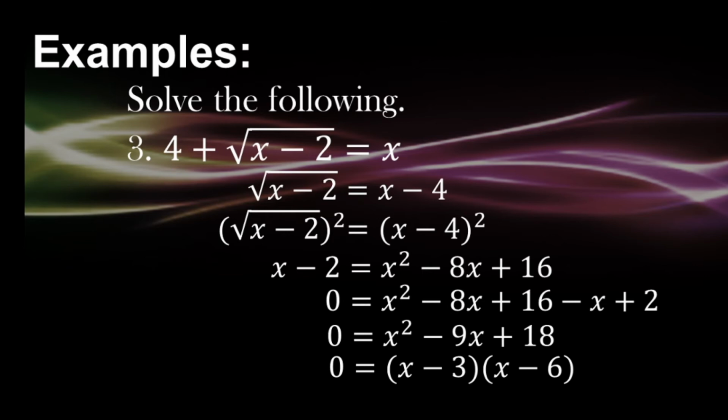So therefore, we have 0 is equal to quantity x minus 3 times quantity x minus 6. Applying the zero product property, therefore, we have x minus 3 is equal to 0. Therefore, the first value of x is 3. Next factor, x minus 6 is equal to 0. Therefore, we have the second value for x, which is 6.